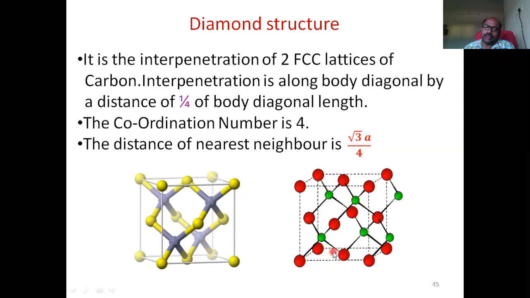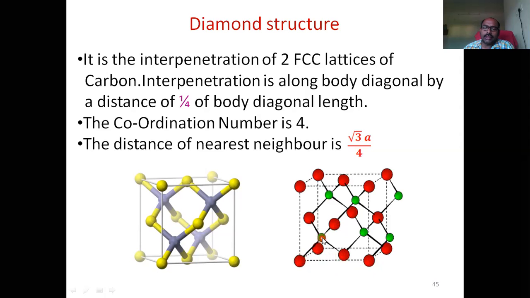If we see the nearest distance from one lattice point to another, taking this as the corner, for this lattice point the distance is 0.7a, actually root 2a by 2, from here to here, therefore it comes to around 0.7a.